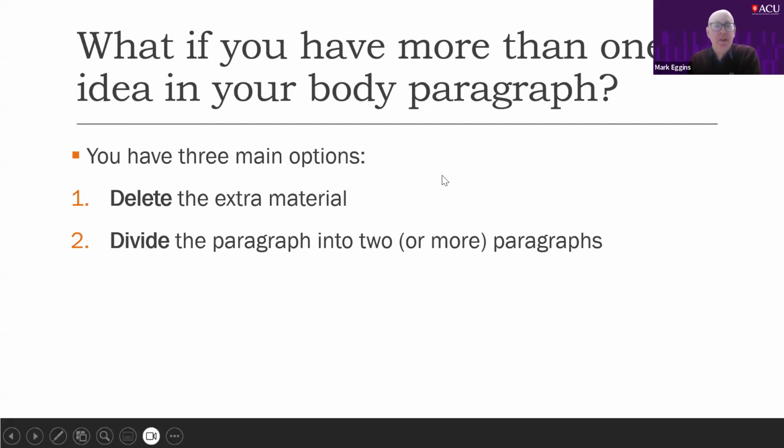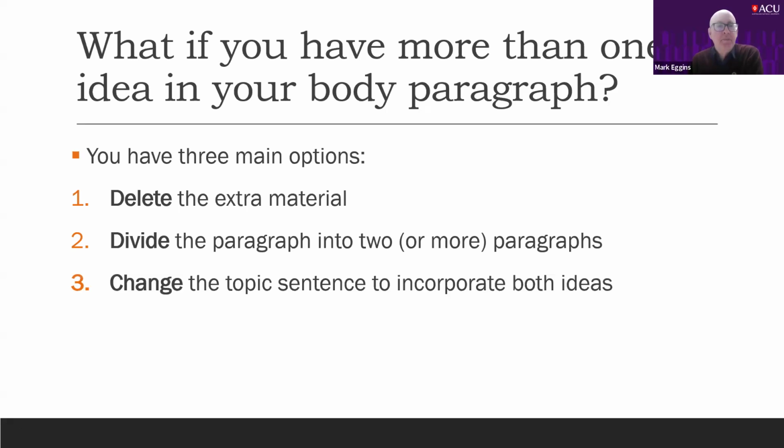And I'll show an example of that. Or you might change the topic sentence. Then you would still have some unity because you are making it clear from the topic sentence that there are maybe two ideas. So let's have a look at some examples because I think hopefully that'll make it a bit clearer.